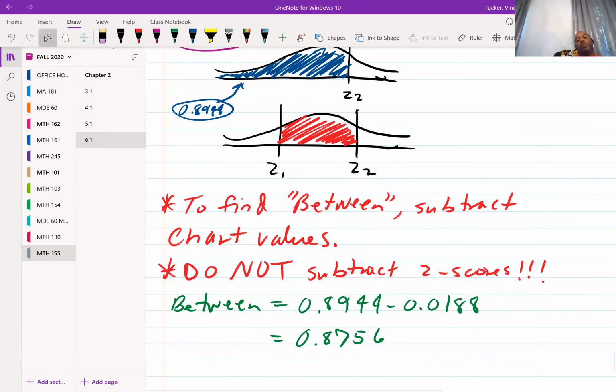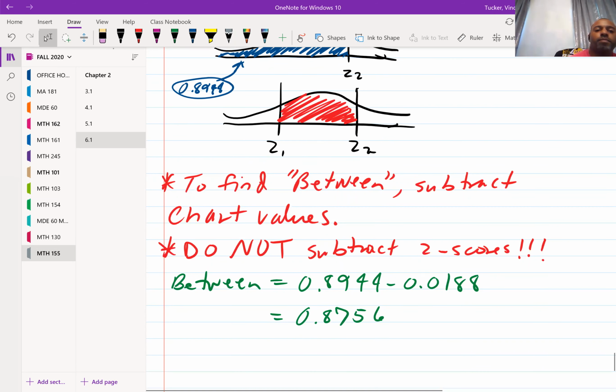All right. So between, we're going to do 0.8944 minus 0.0188, which will be 0.8756.